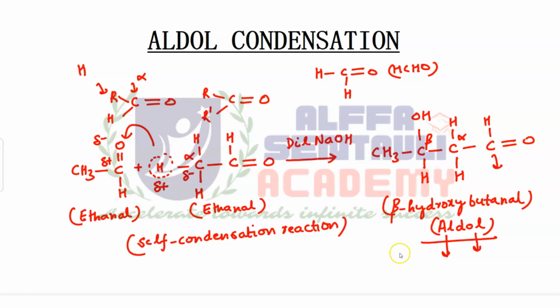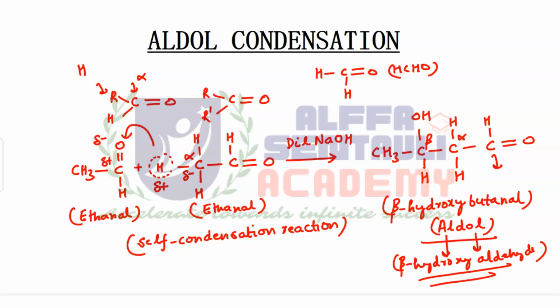So in general, can I write this is nothing but a beta hydroxy aldehyde? In place of butanol, can I write it this way, beta? Understood? So this compound is known as aldol, and this is very important.